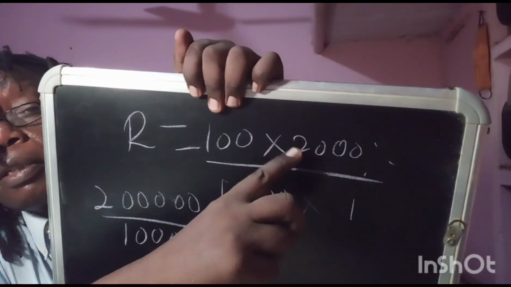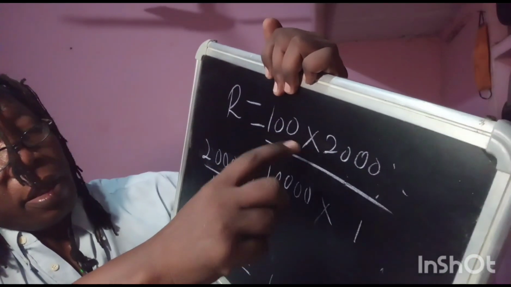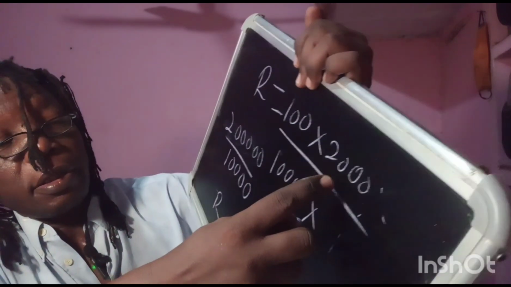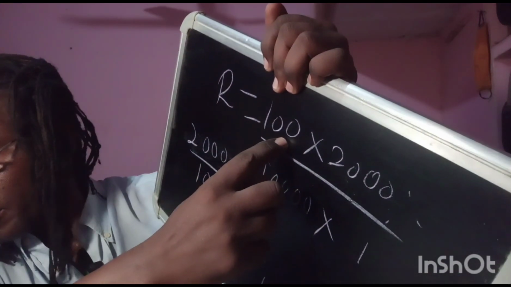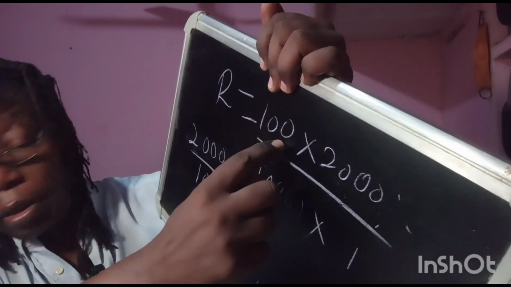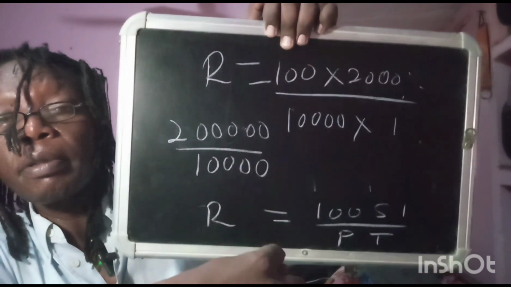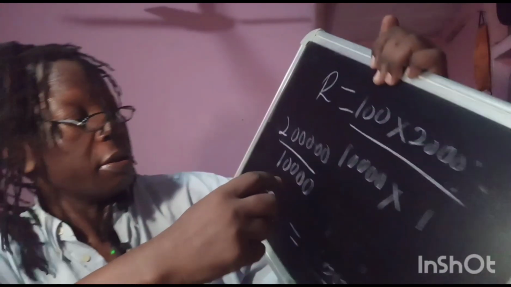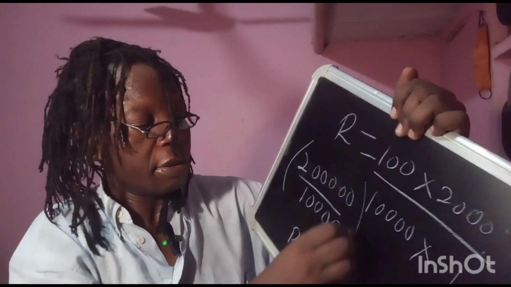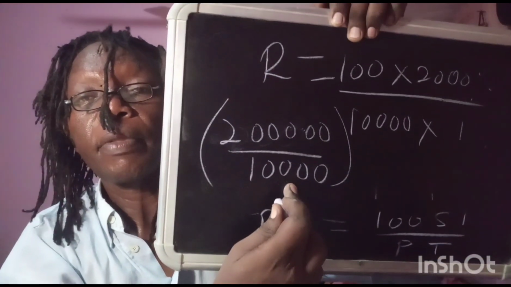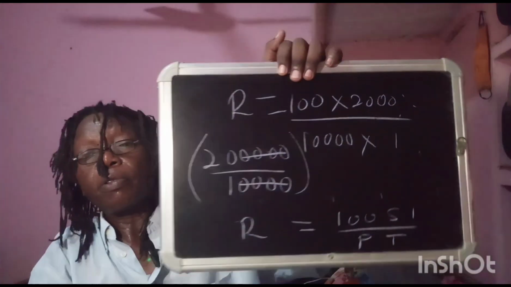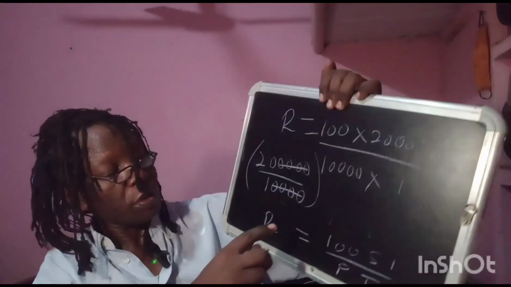I multiplied simple interest times 100 and I've gotten this. Now from here we simply have to cross. 4 zeros will go and 4 zeros will go. Cross 4 and 4, so we are left with only 20 here.